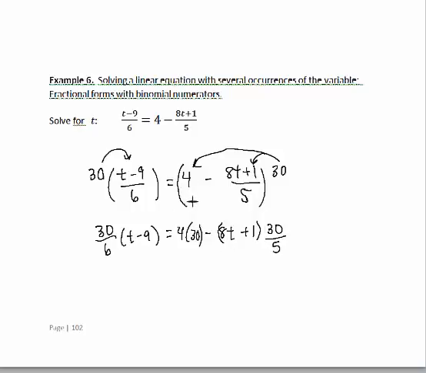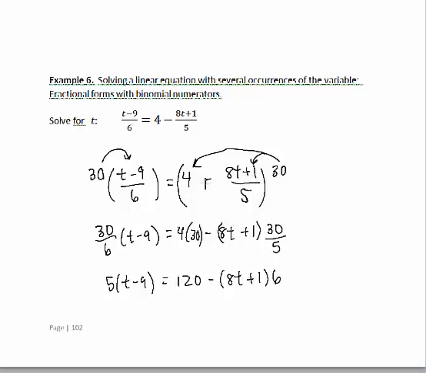The 4 didn't have a denominator, so we just simply write 4 times 30. So now 30 divided by 6 is 5. 4 times 30 is 120. Divided by 5 is 6.